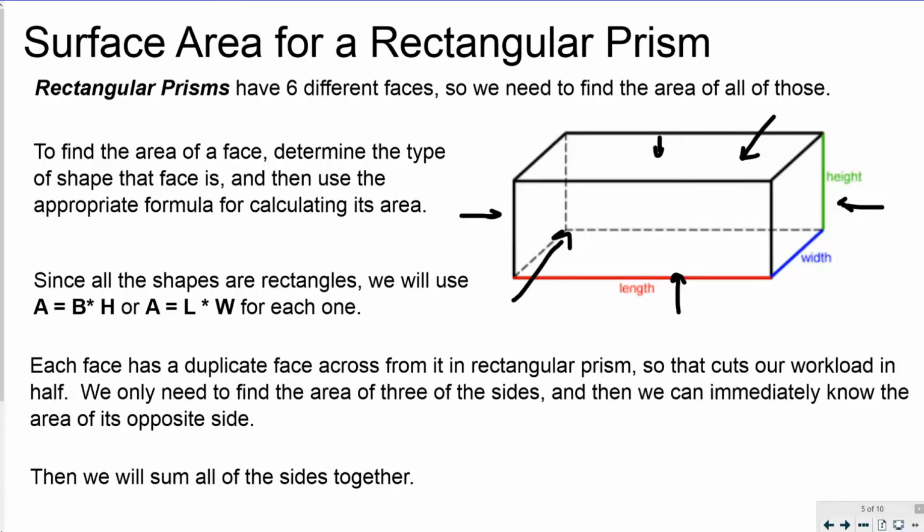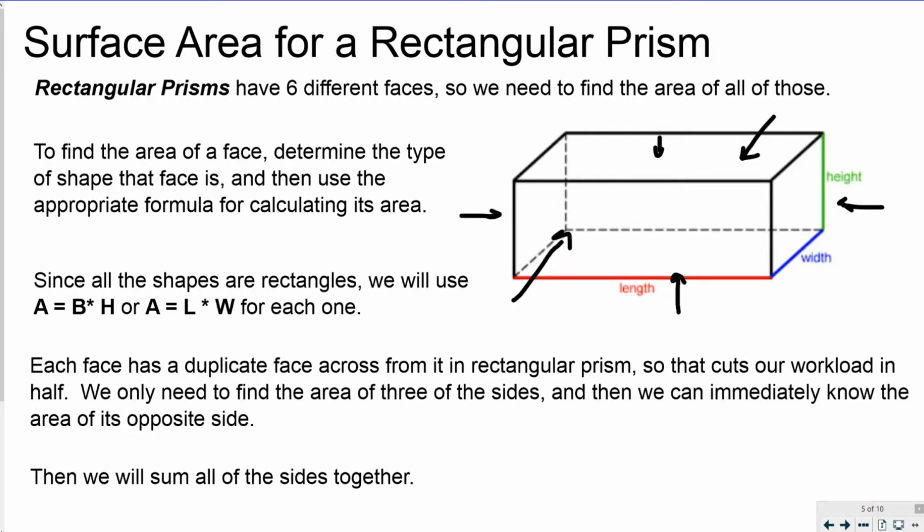That cuts our workload in half. We only need to find the area of three sides, and then we immediately know the area of the opposite sides. When I calculate the area of the top, I know the area of the bottom base. When I calculate the area of one of the small sides, I know the area of the other small side. When I calculate the area of the front lateral face, I know the area of the back lateral face.